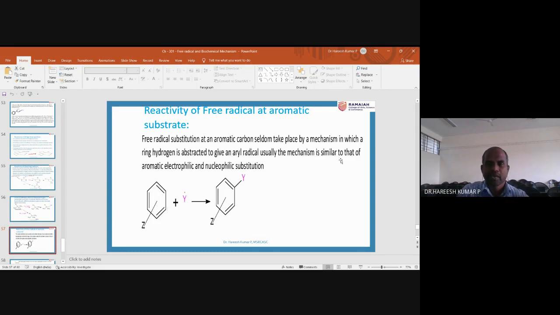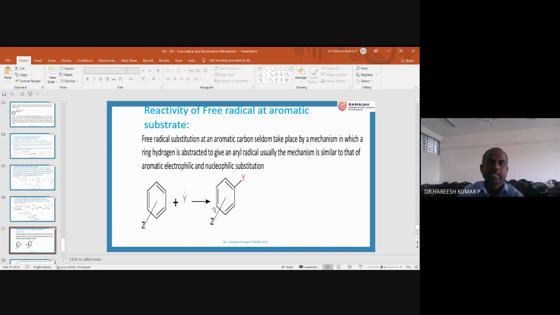Finally the attacking species is attached and the product is formed. This is the general reaction I have taken. Z may be an electron withdrawing group or an electron donating group, and Y may be a radical.